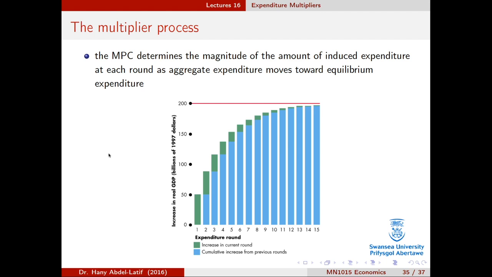This creates another round, when these people spend the £80, they will spend £64 and save £16, and so on. So this is the process.